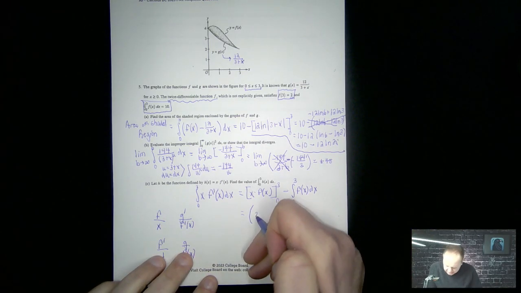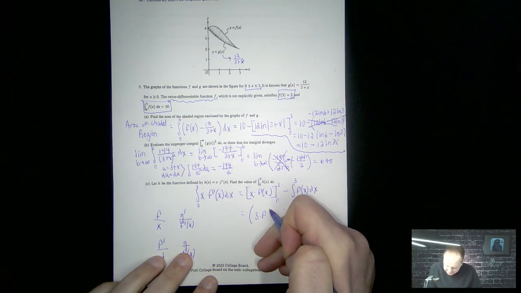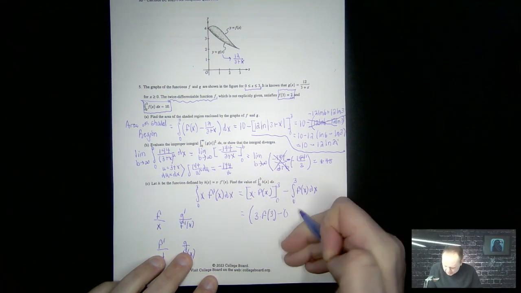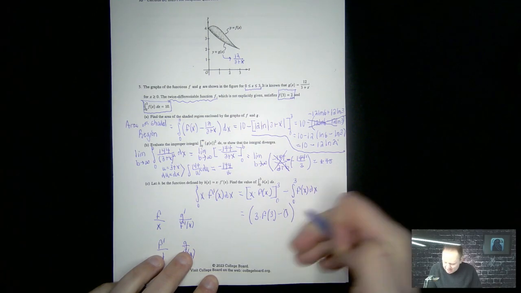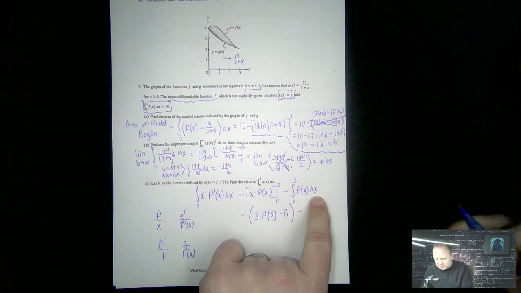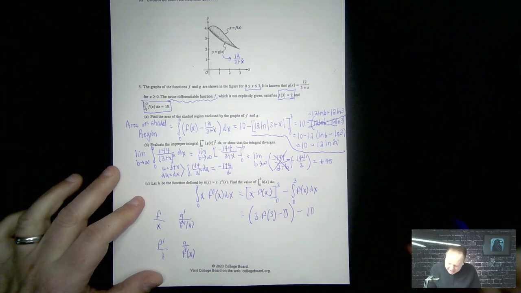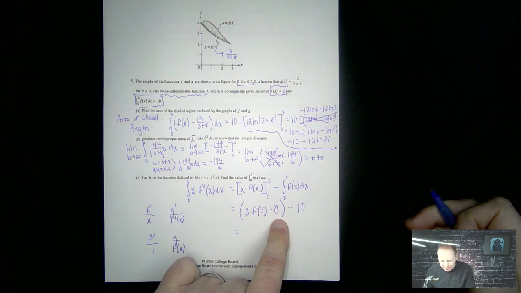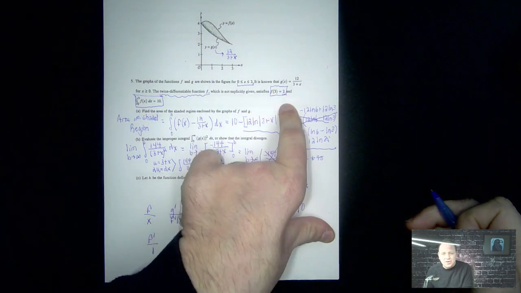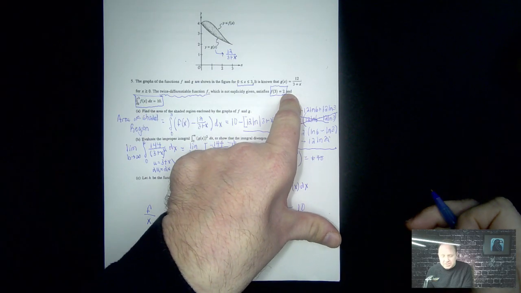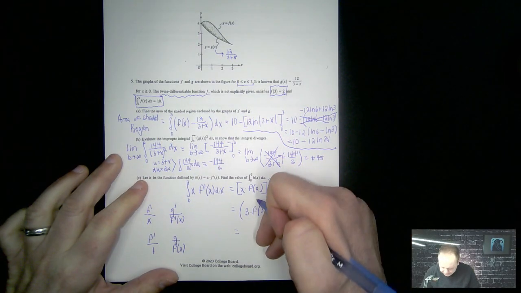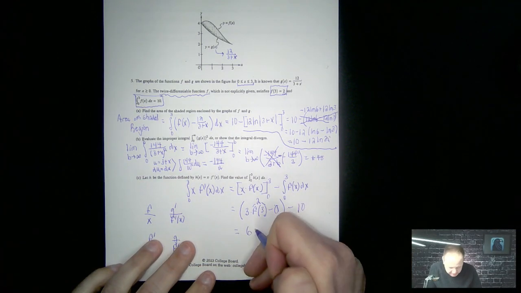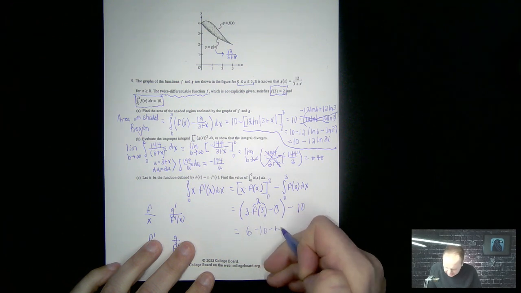That gives me 3 times f of 3 minus 0, because when I plug in 0 for x, it's going to give me a 0. But I know the integral from 0 to 3 of f is 10, so they gave me that. What is 3 times f of 3? Well, f of 3 is 2. So 2 times 3 is 6, minus 10 is negative 4.